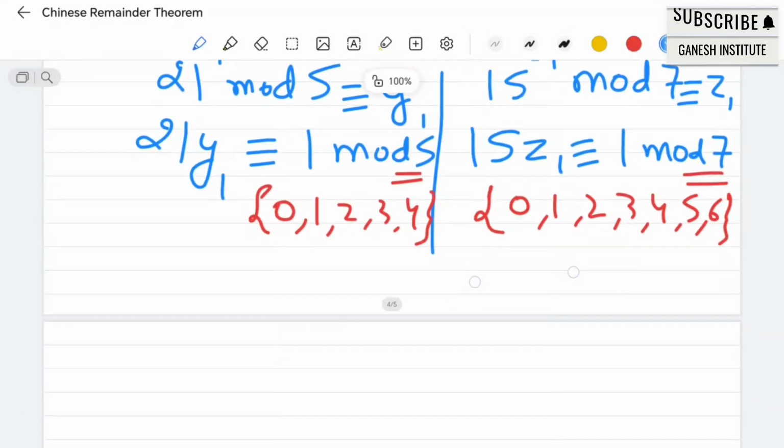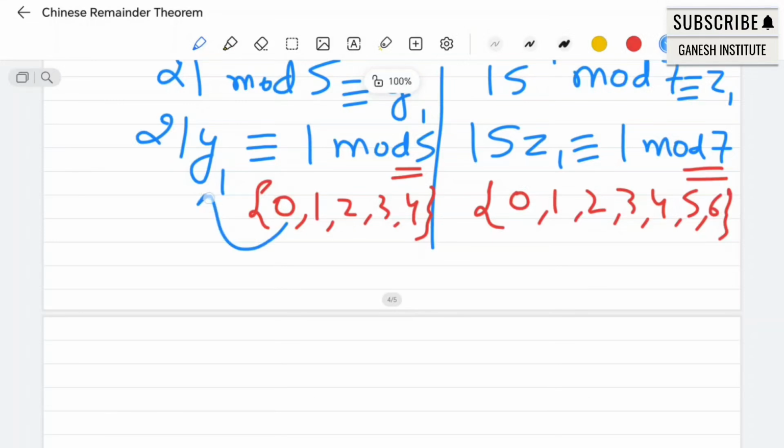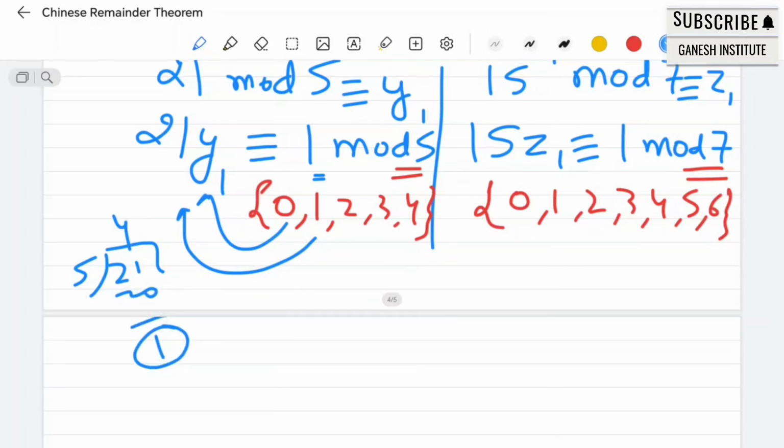Now let's put the values one by one. If we place here 0, 21 times 0 is 0, we cannot get 1 as remainder. If we place 1, 21 ones are 21. If I divide by 5, 5 fours are 20, remainder is 1. So it is satisfying the condition. So our y1 becomes 1. You can try other values also.